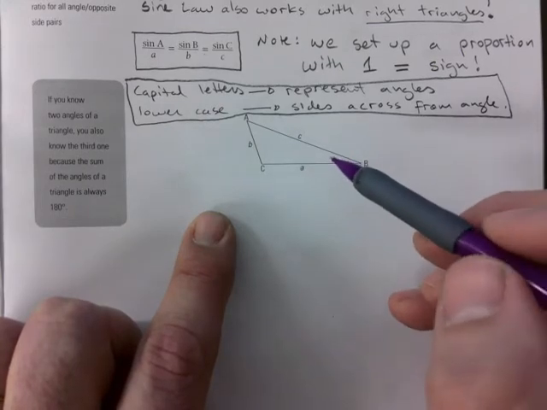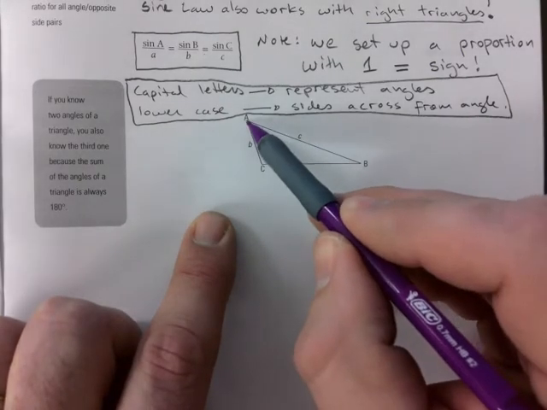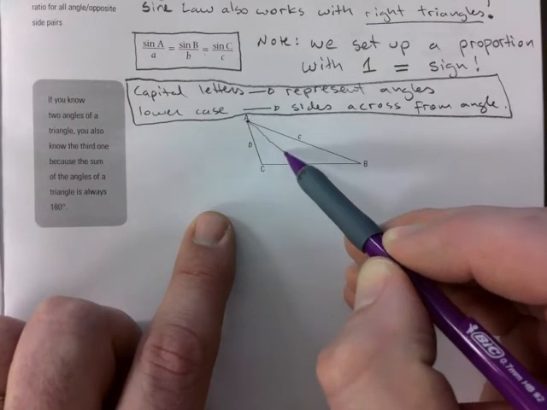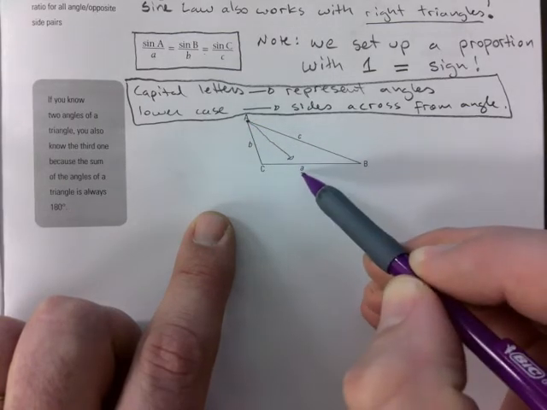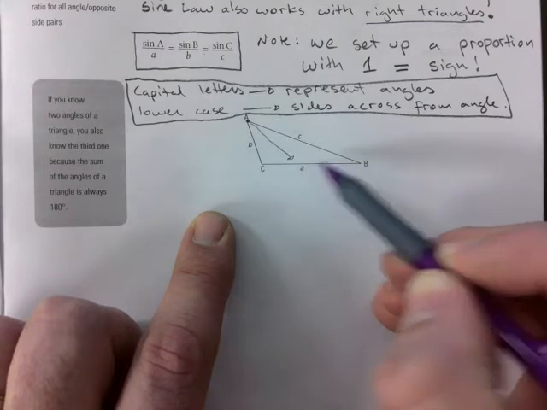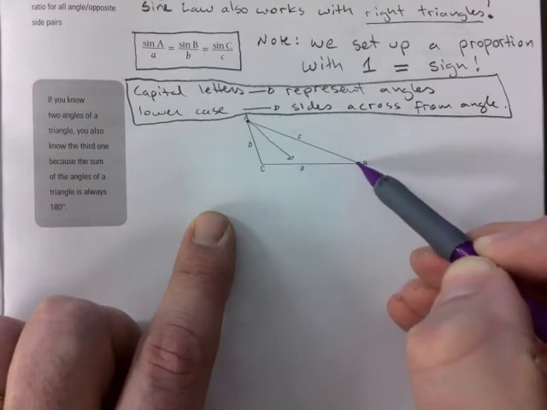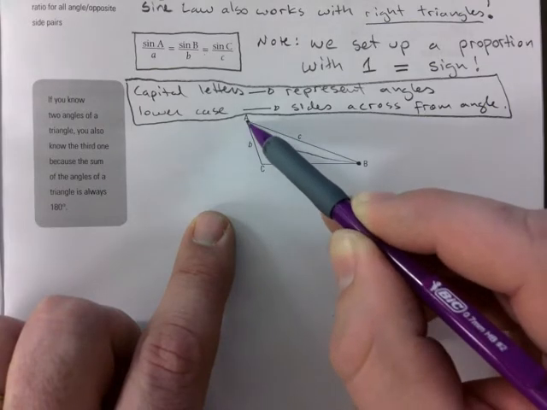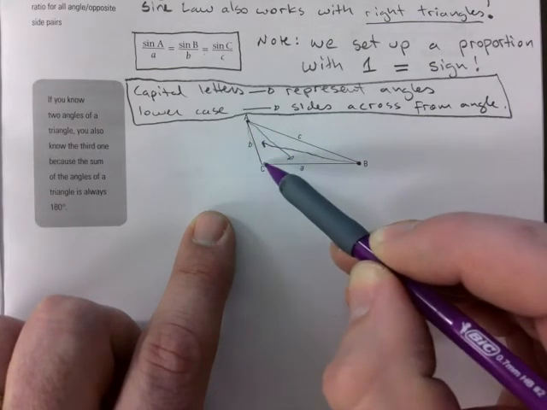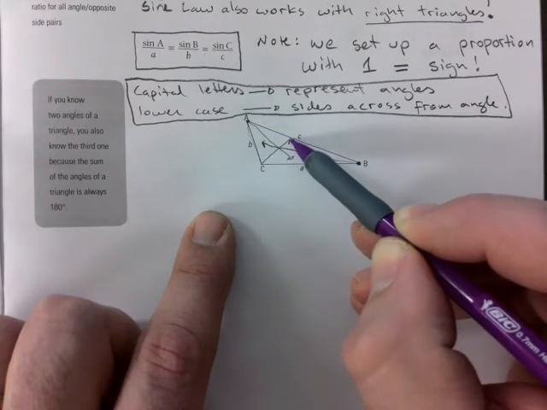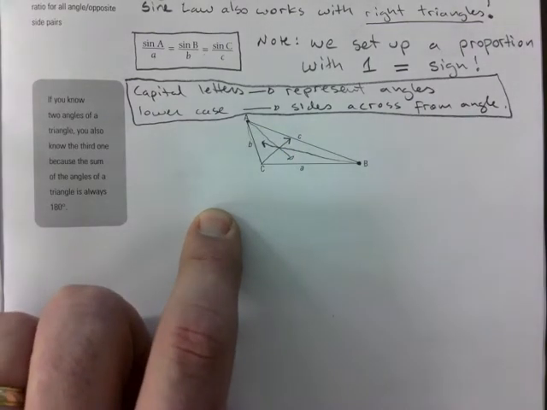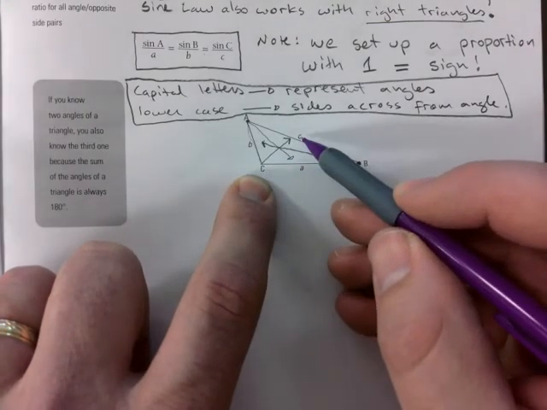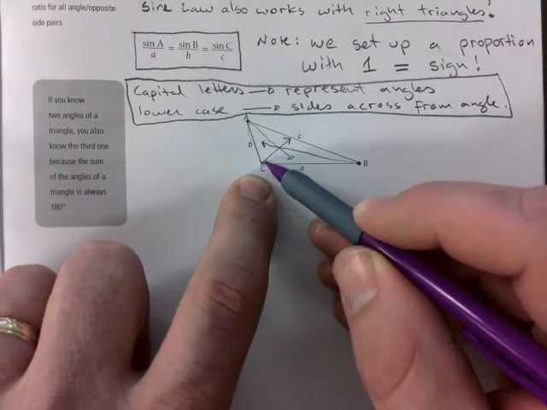So notice this. Watch carefully. Angle A up here. Watch the side. If you travel across and you hit the side, that's side a right there. If you go to angle B and you travel across, the side length b is right across from it, and that pattern continues. That is the norm in math that we label the lowercase letter of whatever the angle is across.